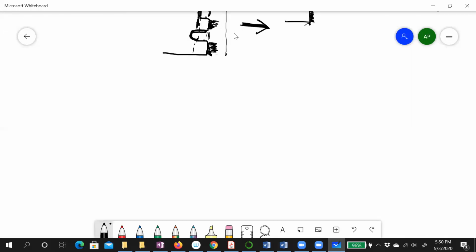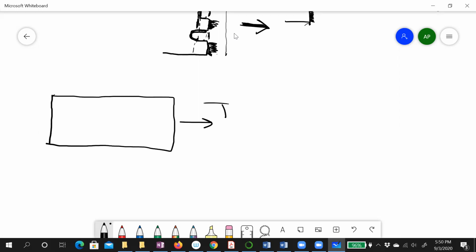So for the shear, let me just ask you as a general case, we have maybe a plate, something like this, right? Under force, for example. And then assume we have a hole here, right?